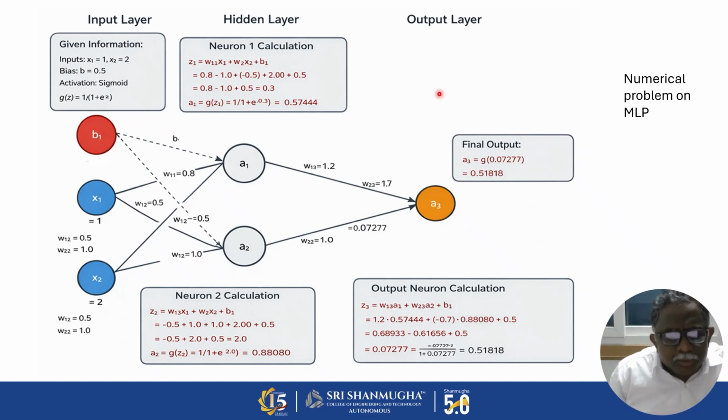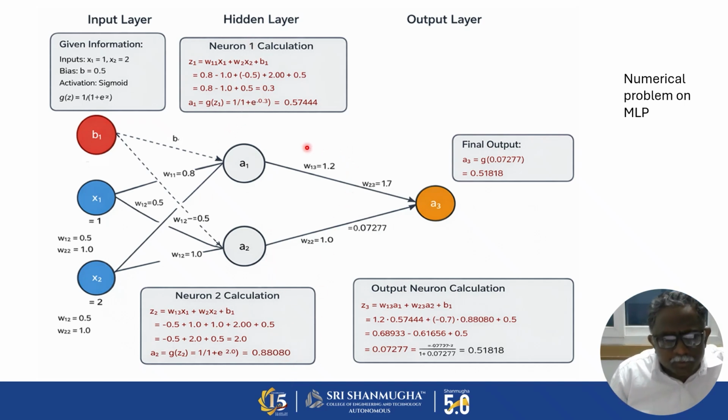So this is a numerical example for the multilayer perceptron. We have input layer x1, x2, and the bias is 0.5. The input b1 is 1 here, x1 is 1, and x2 is 2. All will get summed over here, and we apply the activation function. Similarly, we can do it for the next neuron in the hidden layer. When you do all the summation and activation, this is the value we got: the first neuron in the hidden layer is 0.57, and the second neuron in the hidden layer is 0.88.